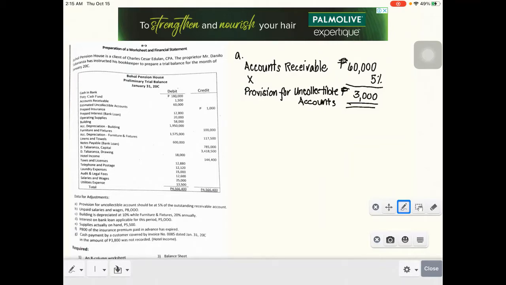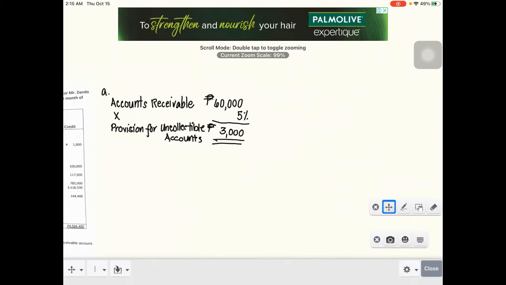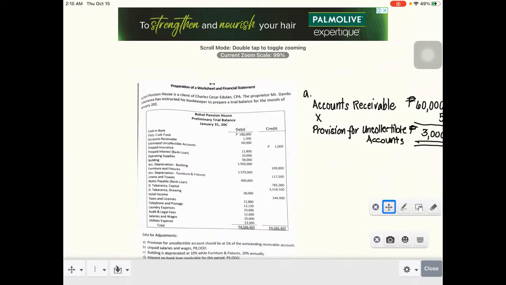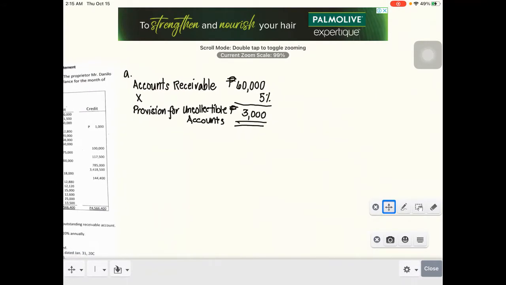So how to make the entry? So that is, let us look at the trial balance again. So we have estimated uncollectible accounts.